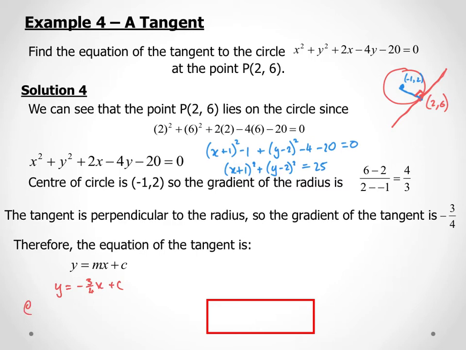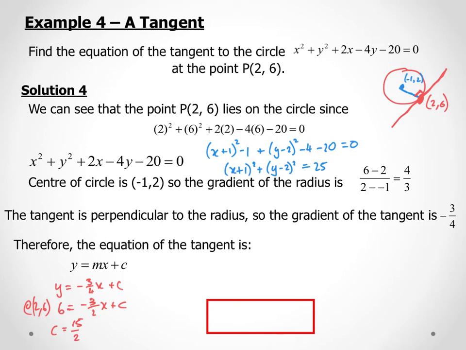And if we look at the point (2, 6), I know that (2, 6) is on the tangent. So let's fill in y as 6 and x as 2. So that's minus 6 over 4, which is minus 3 over 2. And so we can then find out that c is equal to 6 plus 3 over 2, which is 7.5 or 15 over 2.